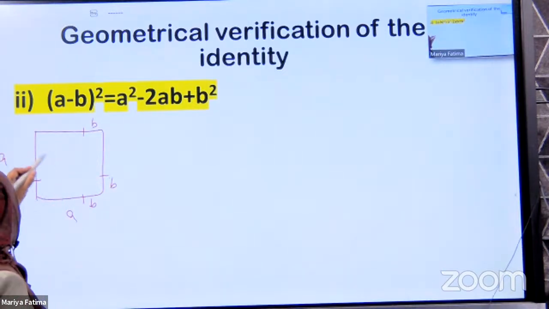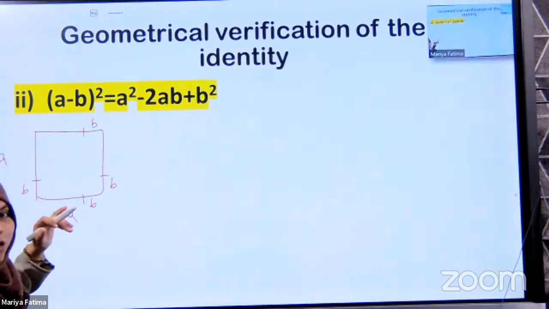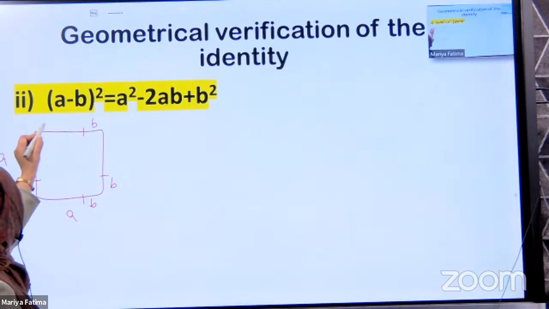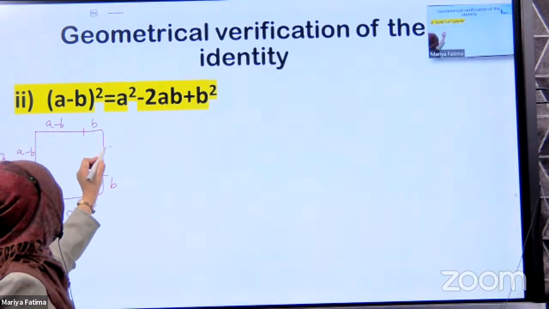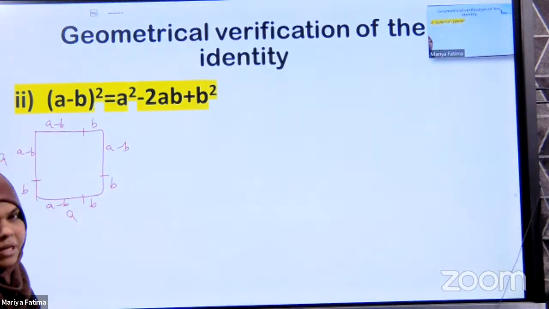Then if this complete part is a and this much part is b, how can you find out this part? You have to subtract a minus b. You have to subtract b from a. So this value will become a minus b, and this also will become a minus b, and this is also a minus b.